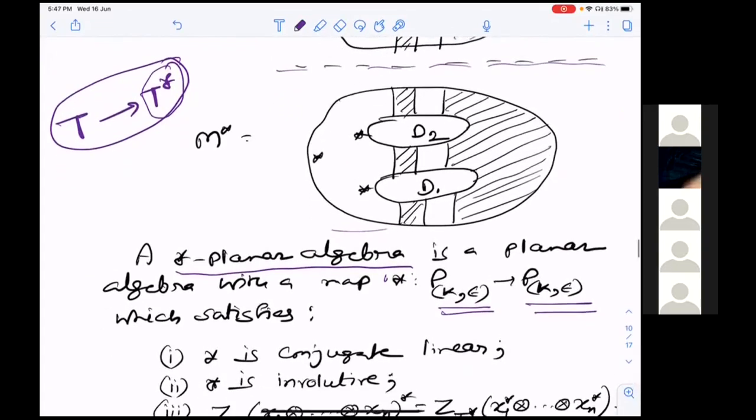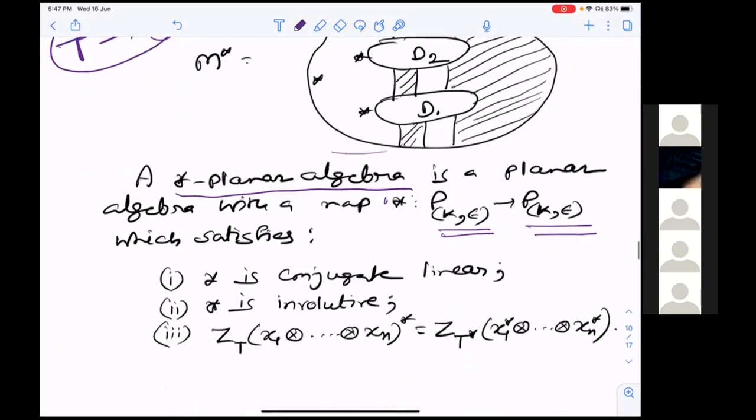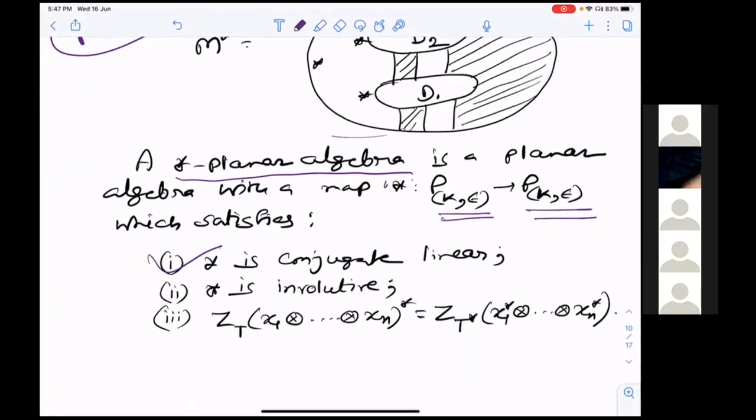So a star planar algebra is a planar algebra, that means we have a bunch of vector spaces and a star operation which is conjugate linear, with the usual property that star is involutive, and this is the very crucial property: Z of T of x1 through xn. After putting these inputs, we get an output in some vector space, and then we have a star. This star is the same as Z of T star applied to the starred inputs, where T star is the adjoint of the tangle.